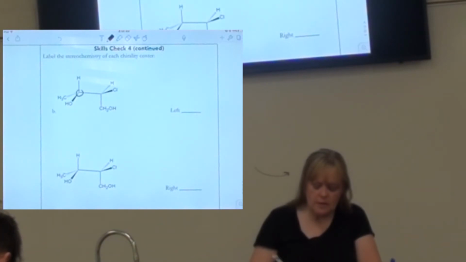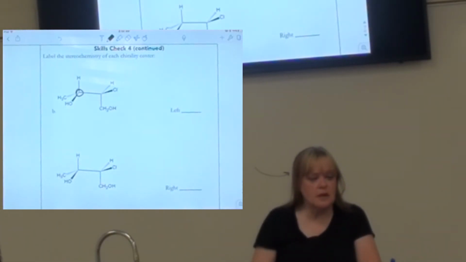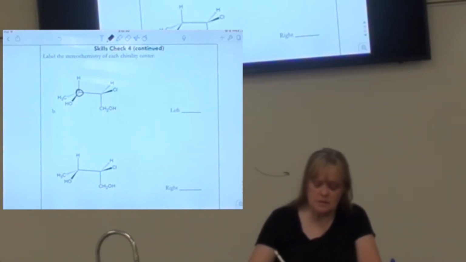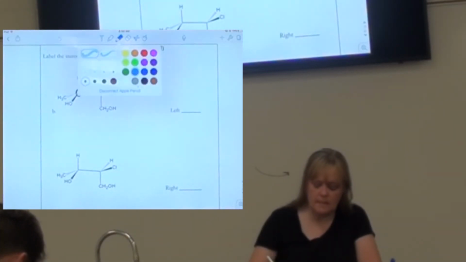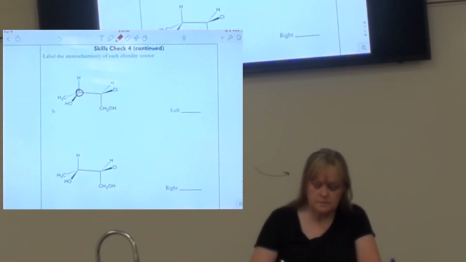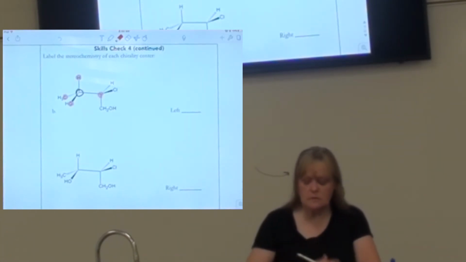You look at 1 chirality center at a time. So I've got the left one first on your list. And you look what's directly attached to the chirality center.